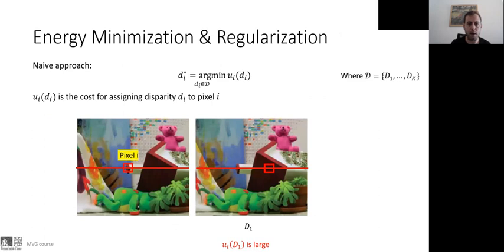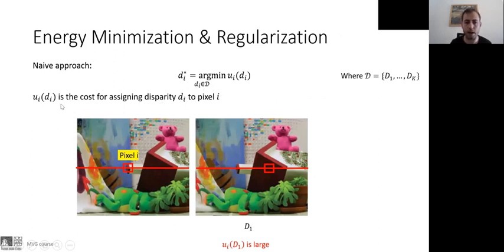Okay, so let's add some notation here. What we discussed until now is called the naive approach, and we will see soon why it's called naive. Basically, we define a set of K disparities, and we want to find the disparity for each pixel that gives the minimal cost.